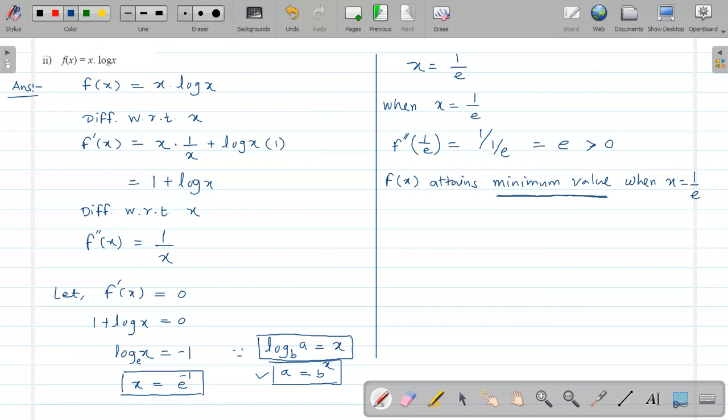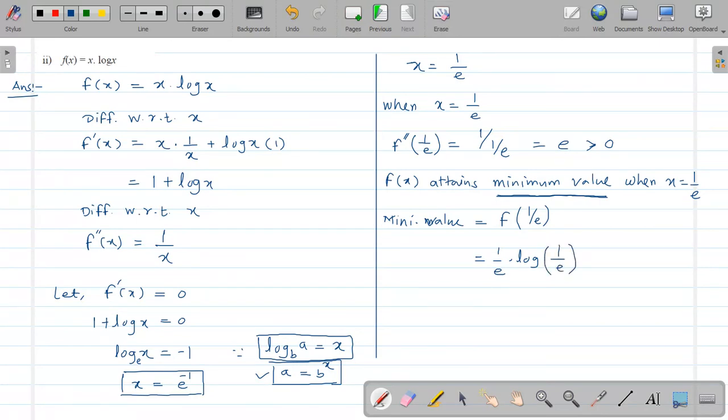Now what is the minimum value of this function? So the minimum value is equal to f of 1 upon e. Means for the given function we have to find out the minimum value at which point? At x is equal to 1 upon e. So the function is given x into log x. Just put the value here. So it is 1 upon e into log of 1 upon e.